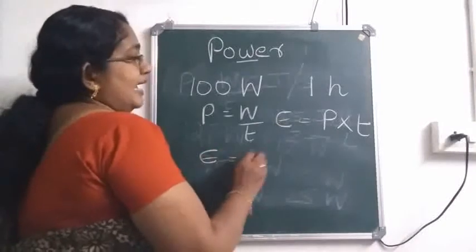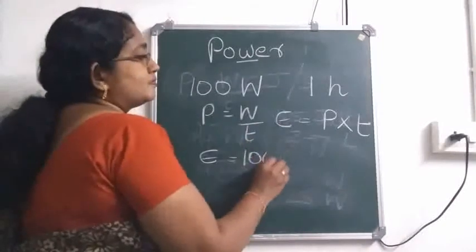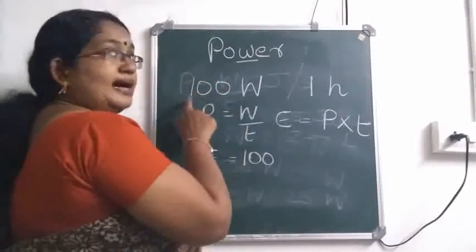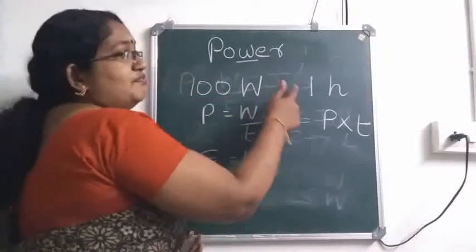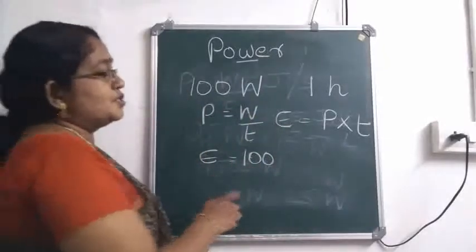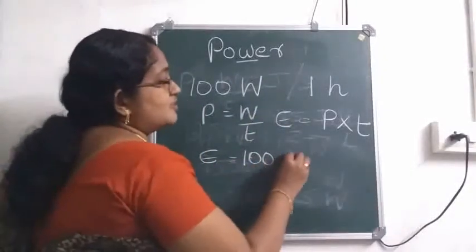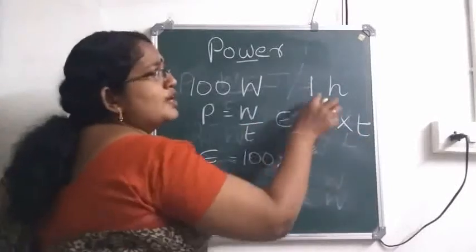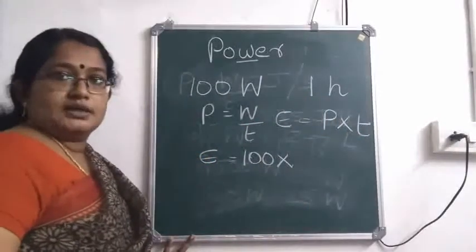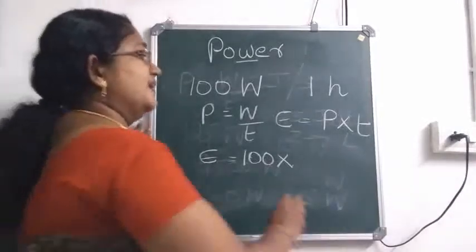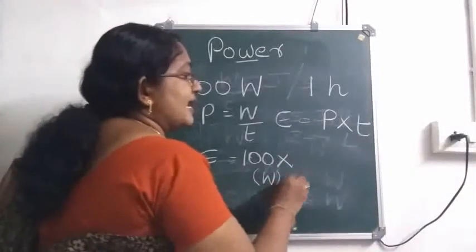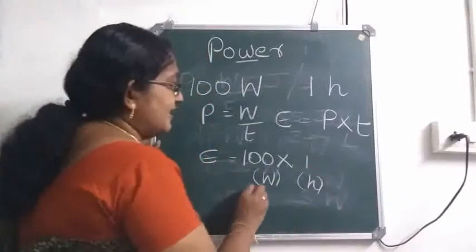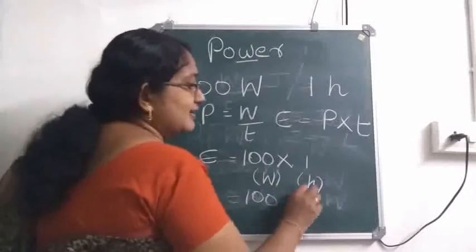So how much electrical energy will be consumed by a 100 watt bulb when it works for 1 hour? Electrical energy consumed is equal to power into time. 100 into time, which is given in hour. If power is given in watt and time is given in hour, then we can write the energy in watt hour.